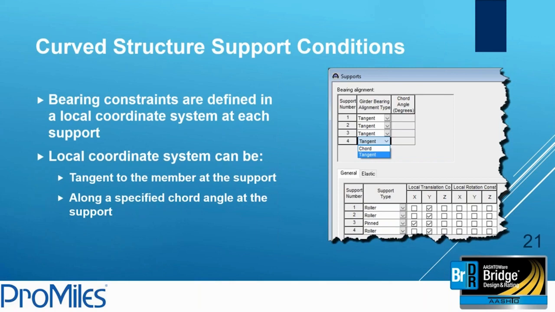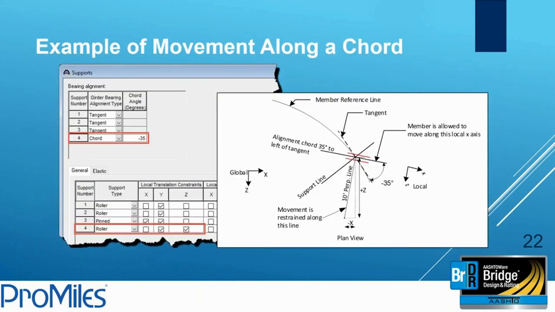You can also define an incline constraint, where a line is drawn perpendicular to your support direction to restrict the movement of the support in that direction. And then, as you see in the schematic here, the support is only allowed to move along the local x-axis of this support.